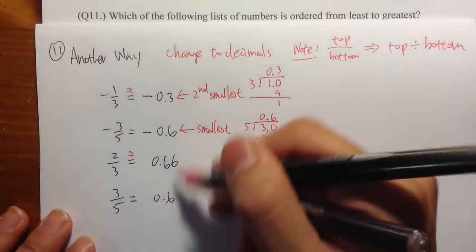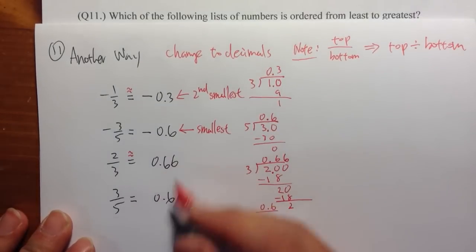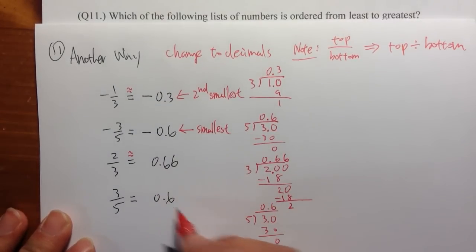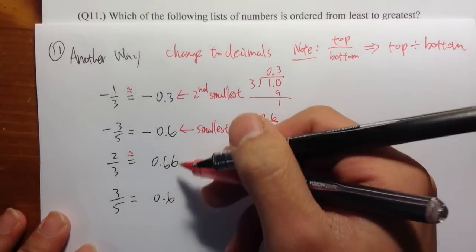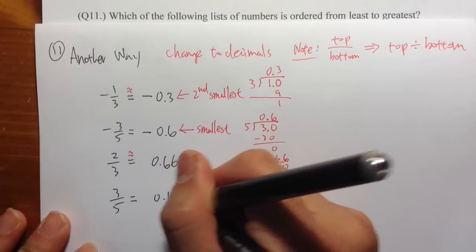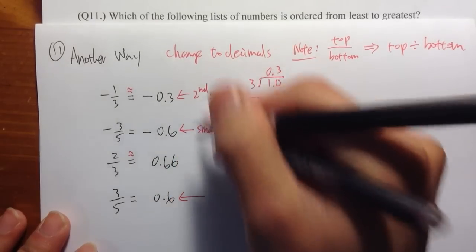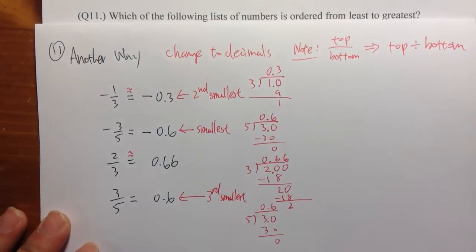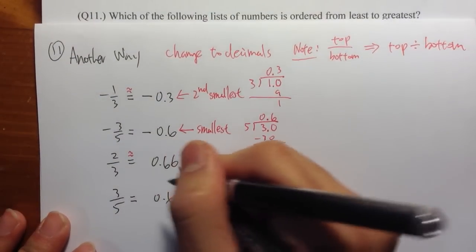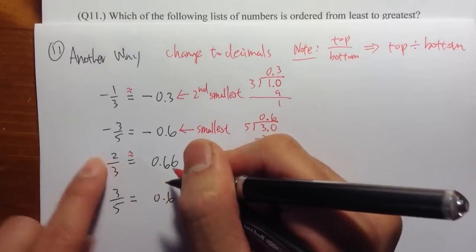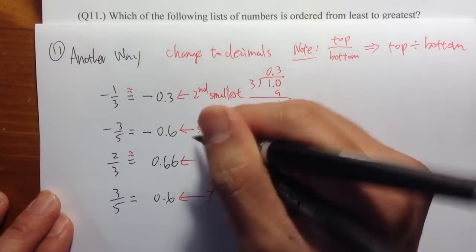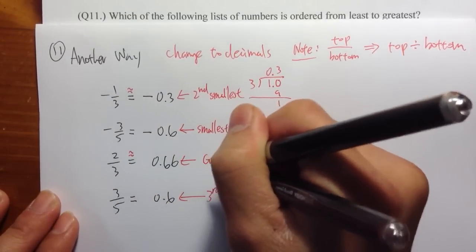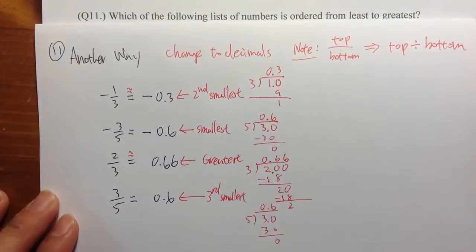Now let's compare these two numbers, 0.66 versus exactly 0.6. 0.6 is smaller than 0.66, so it is the third smallest. That gives us 0.66, or 2/3, being the largest, the greatest.